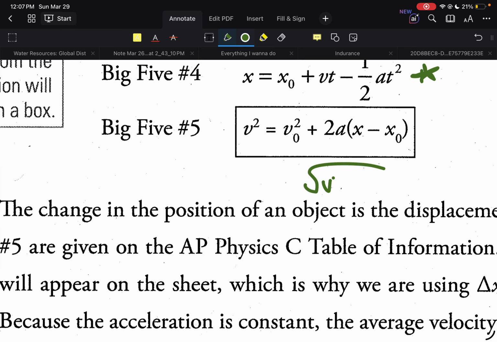Usually, we write it as v equals the square root of v initial squared plus 2a change of x. That's how I write it.